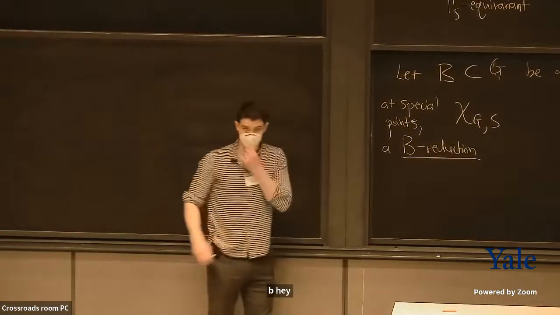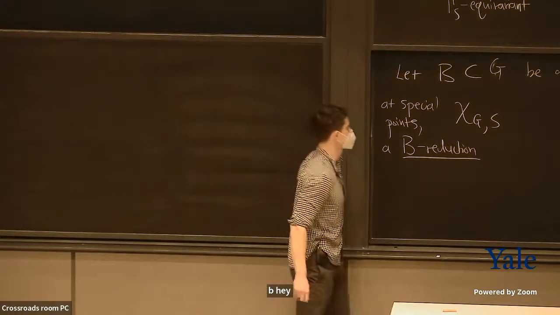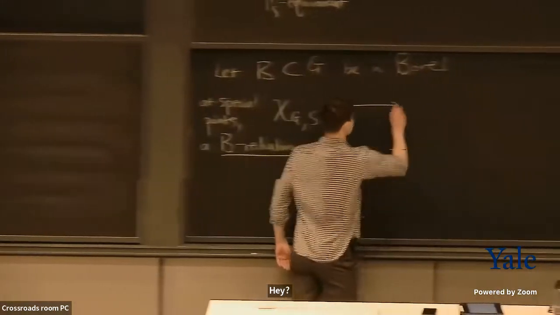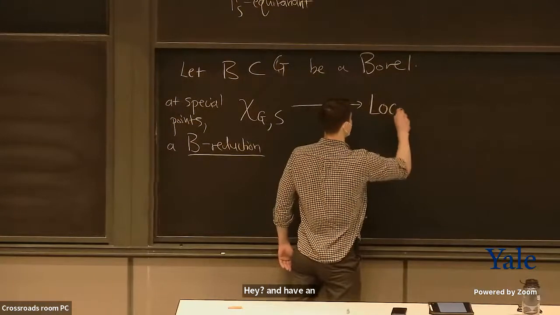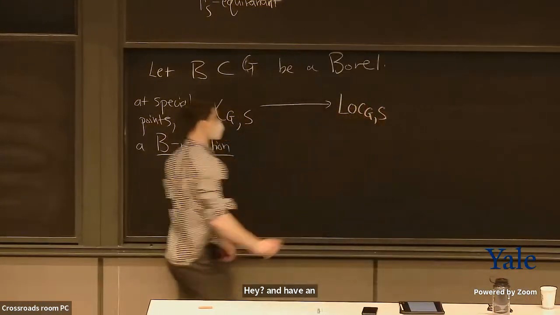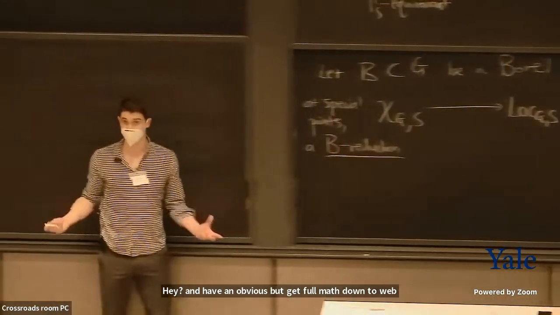In this way, we get some moduli space, X_G,S. And we have an obvious forgetful map down to our classical variety where we just forget this extra data of the Borel reductions.